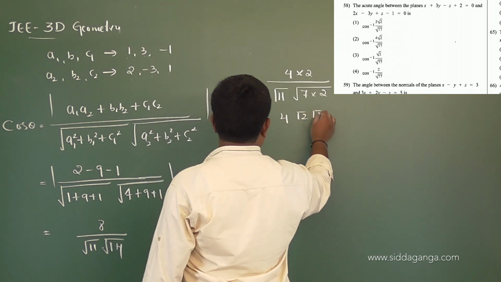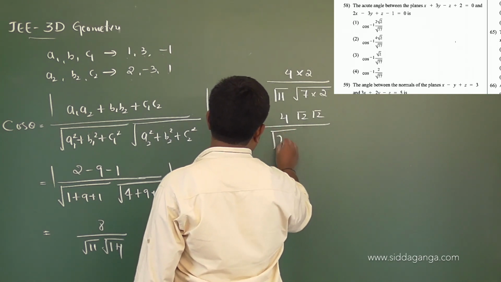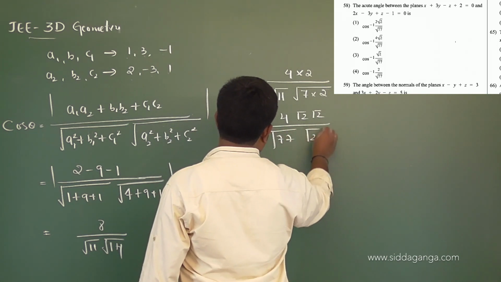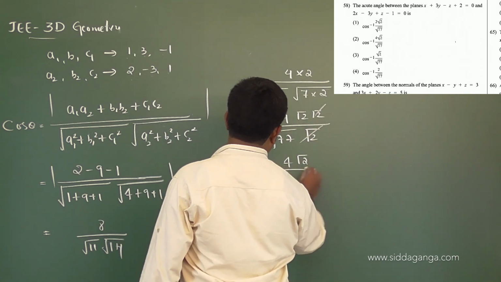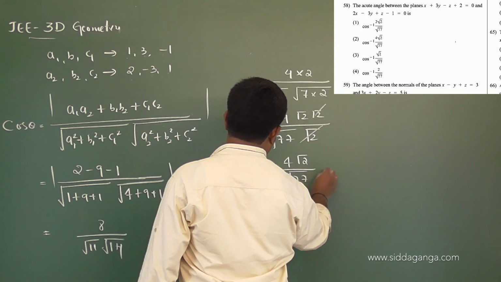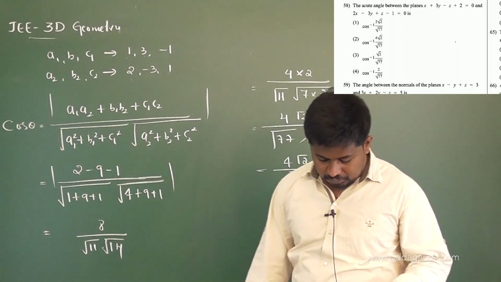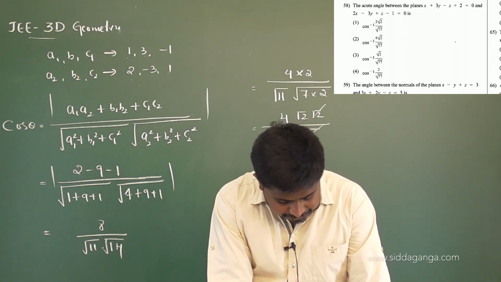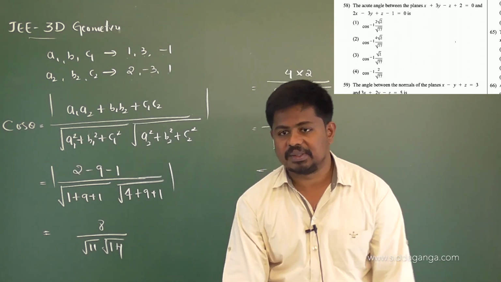So I can write like this: by root 11 into root 7, that is root 77 into root 2. So you get 4 root 2 by root 77, that is option 2, cos inverse of 4 root 2 by root 77 is the required answer.